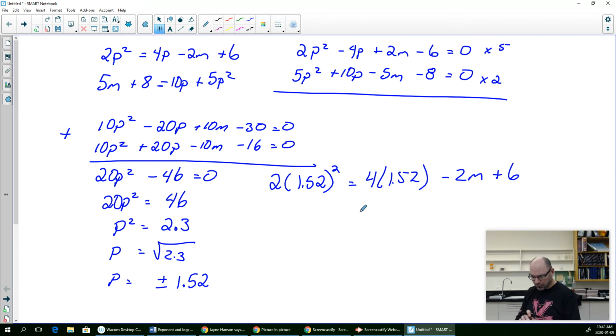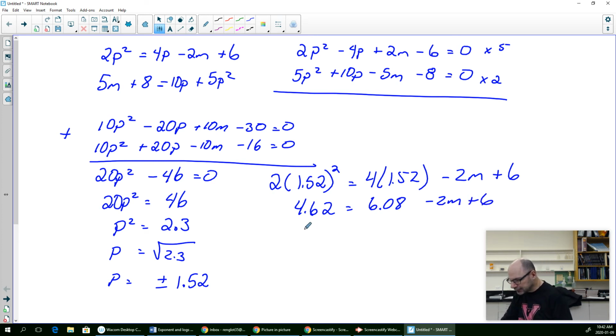So 1.52 squared times 2. So that's 4.62 here. 4 times 1.52 is 6.08 minus 2m plus 6. So let's add that 6.08 to that 6.